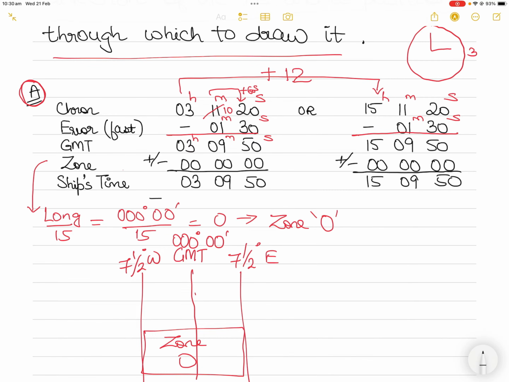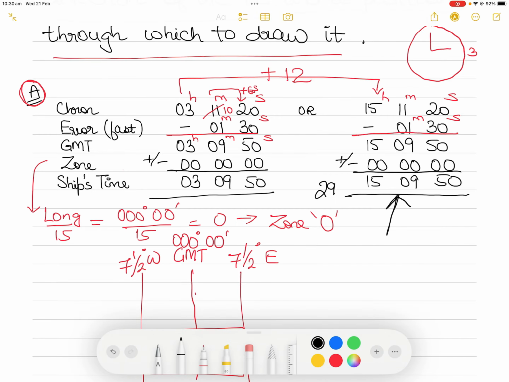Because it's 0. So the ship's time that you get is 3 hours 9 minutes 50 seconds, and in this case you get 15 hours 0950. Now the question tells you it's PM on the ship and it's 29th November. So out of the 2 times that is given to me for ship, what I see as PM, post 12 o'clock in the afternoon, is this time here. This is the ship's time. So it's 29th.